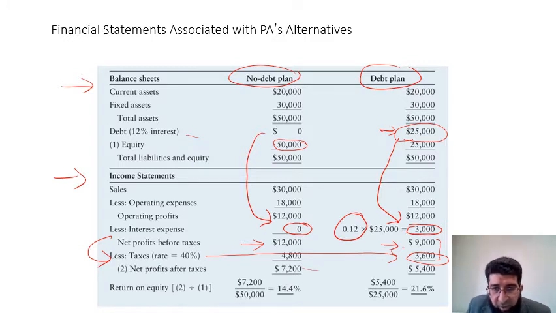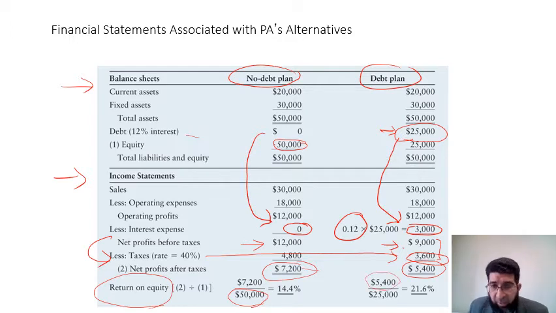You see, net profit after taxes is 7,200, so there are higher profits that they can earn. However, with the debt plan they have lower profits. Now it again appears that profits are higher, so the no debt plan should be preferred. But return on equity is basically the total profit, $7,200, divided by the amount that has been invested, 50,000. Here it's 5,400.